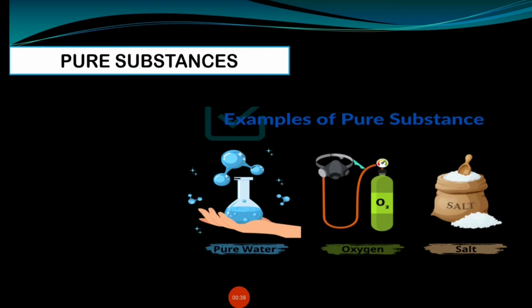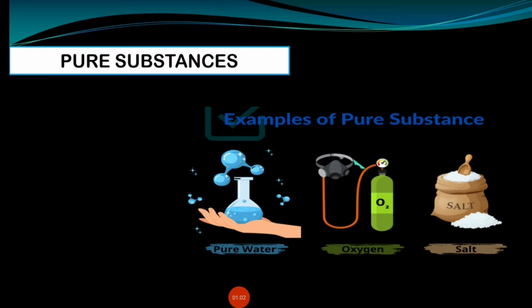A pure substance is formed by only one substance, or a substance that contains only one kind of particles. Examples are 24 karat gold, oxygen, salt, etc.